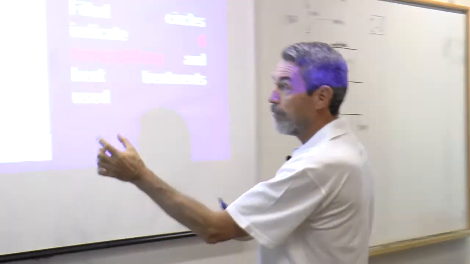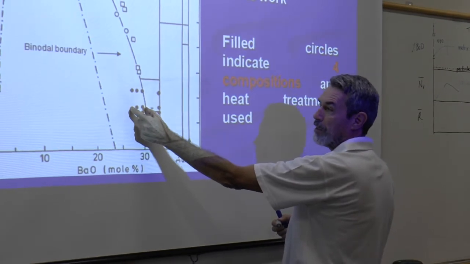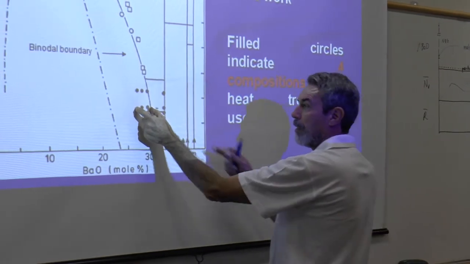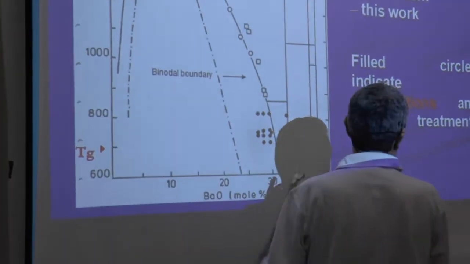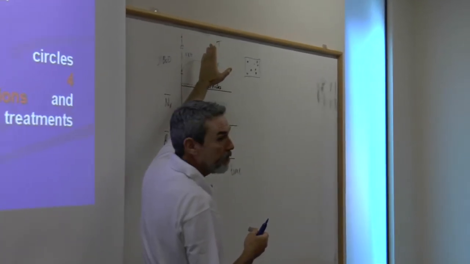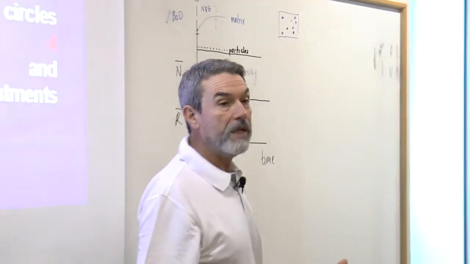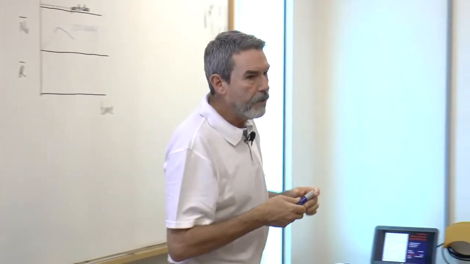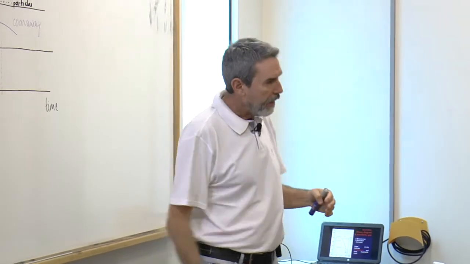The volume fraction, by the way, is given by this segment here, divided by the total segment. So that becomes constant when we reach this position here. But the particles have to grow, and the only way to grow is to steal atoms from the smaller particles. So the smaller particles dissolve back and feed the larger particles.